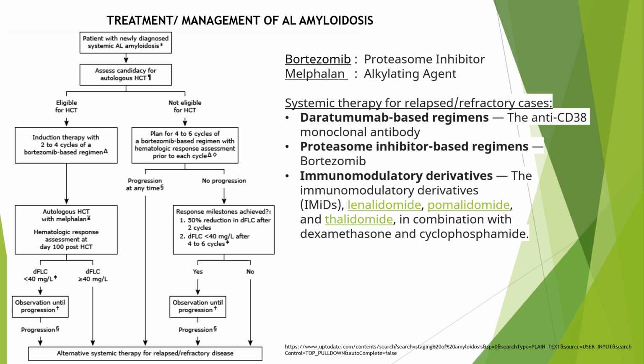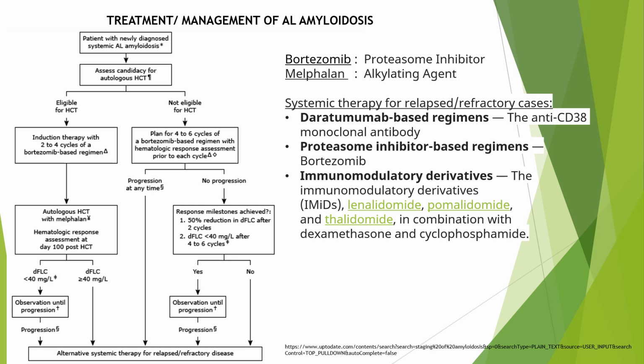It's basically an anti-CD38 monoclonal antibody. Then it also includes the immunomodulatory derivatives, which include lenalidomide, pomalidomide, and thalidomide. We give these in combination with dexamethasone and cyclophosphamide. And apart from that, we also give bortezomib, which is a proteasome inhibitor-based regimen.